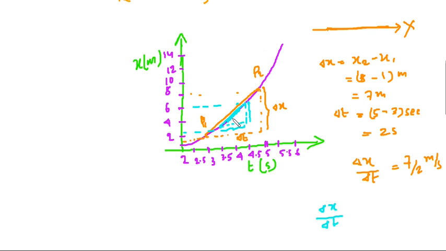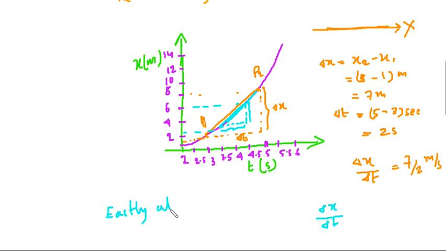Now we are seeing that the slope of this line gives the average velocity. When delta x is extremely small, infinitesimally small, the line becomes a tangent, and if we find the slope of the tangent, we will get the velocity exactly at 4 seconds.